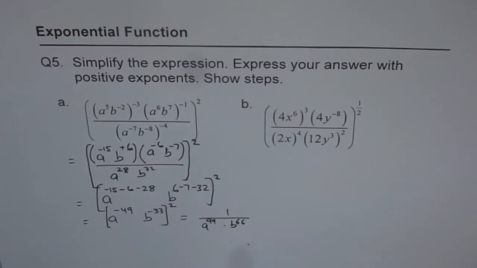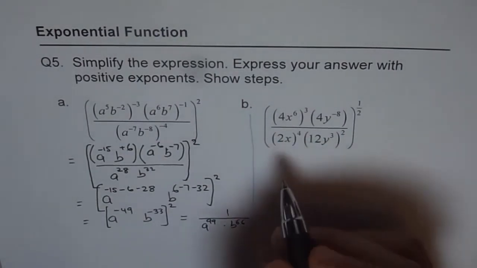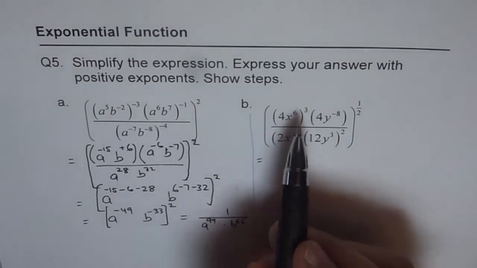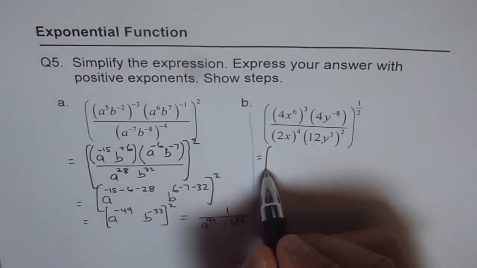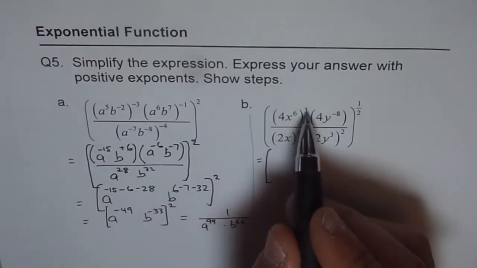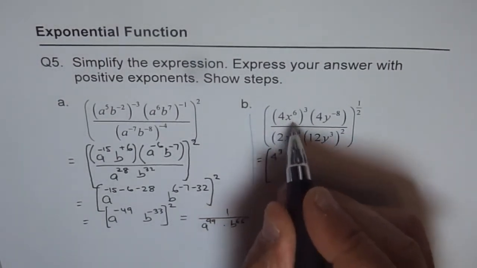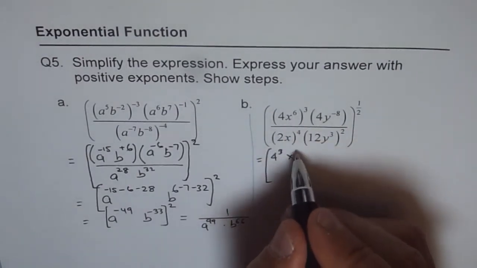So apply a similar technique and simplify part B also, right? So let's do it once again. Now follow the procedure. First we'll do the inside, so we have everything inside this bracket. 4 to the power of 3, x to the power of 6 times 3 is 18.